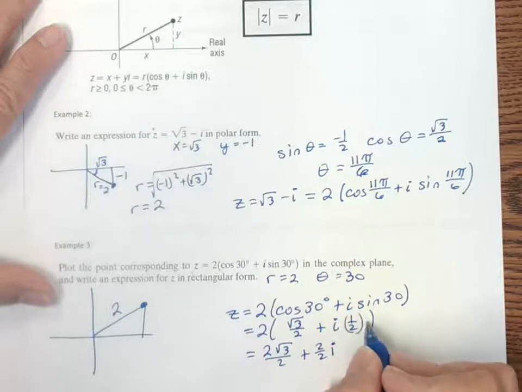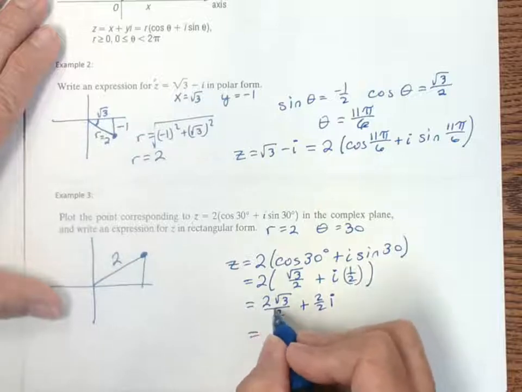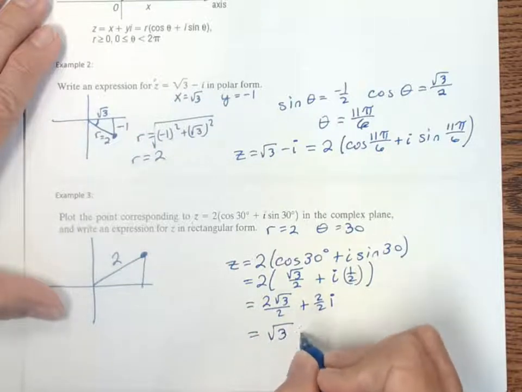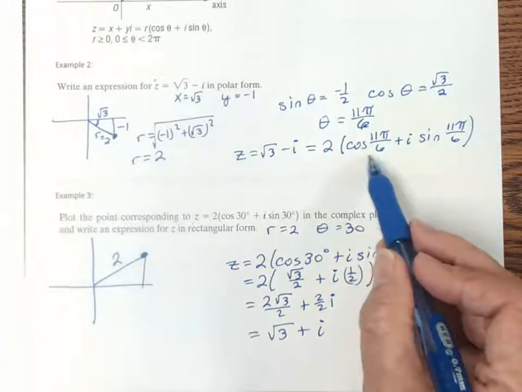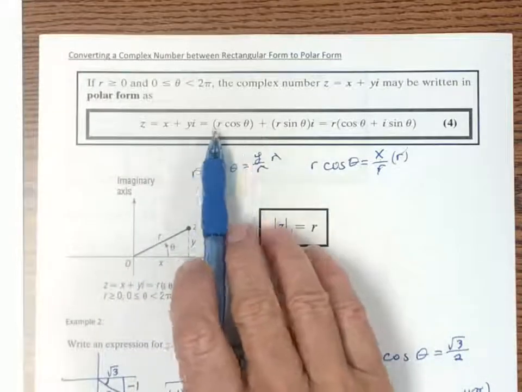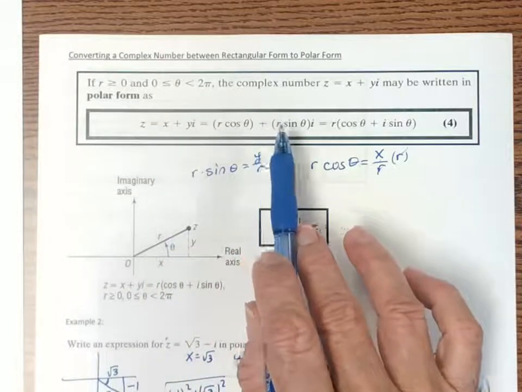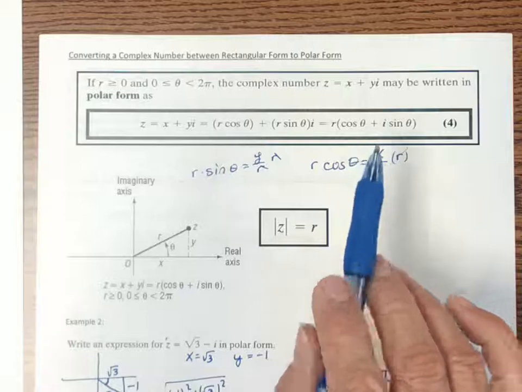And all I did is move the i to this side so it's in proper format. And let's simplify it. We get the square root of 3 plus i. So that is in rectangular form. This was in polar form. Okay? So again, we're just using this formula up here. This is our rectangular form, and this is our polar form.